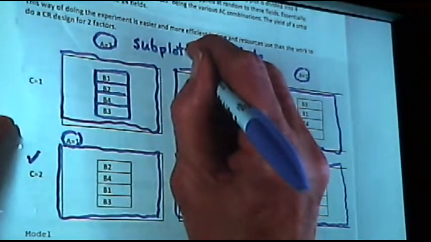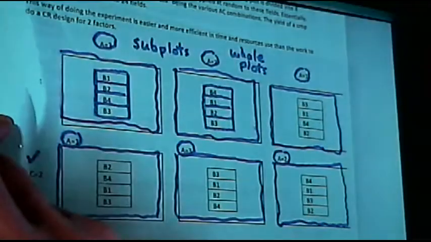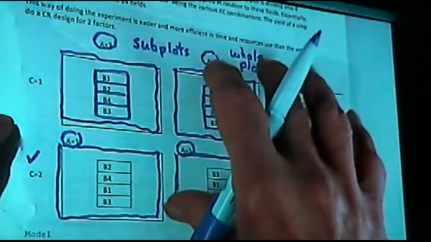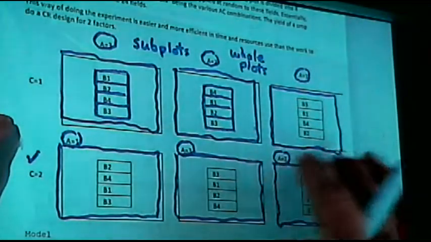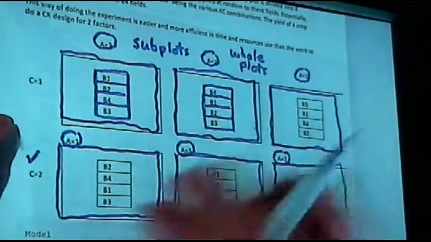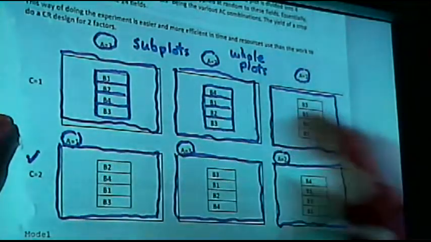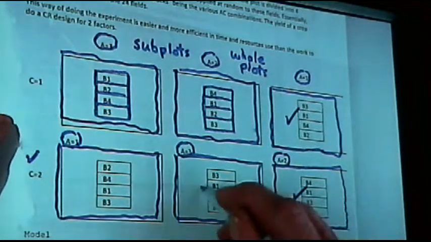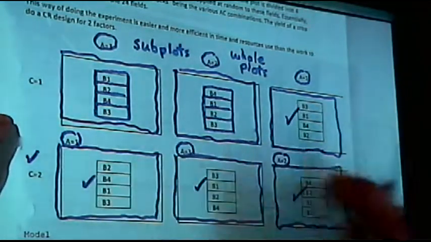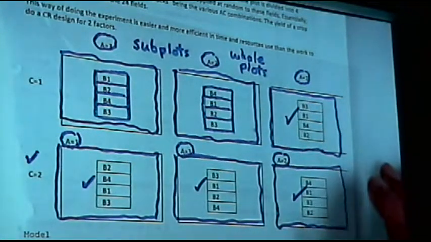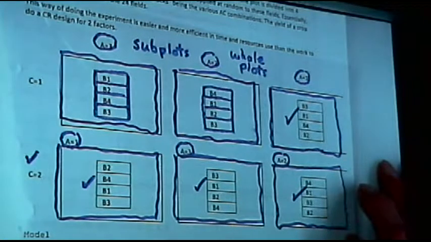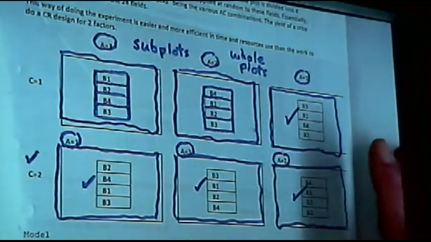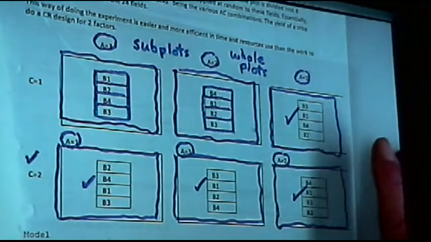So in this experiment, we have the whole plots, which are the big pieces of land. And then we have the subplots, which are the smaller portions of land. And then this continues for the other cases as well. So carrying out the assignment of factor A and factor B to the land in this fashion is called a split plot experiment.